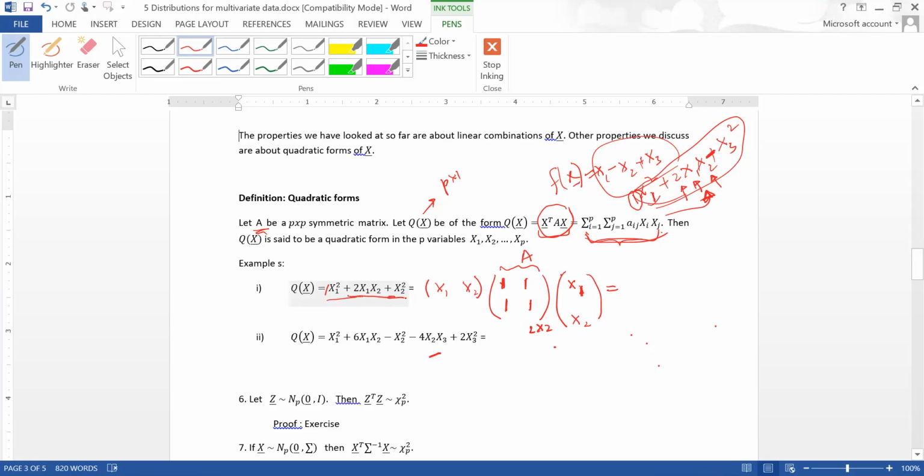If you multiply these three, you can get x1 square plus 2x1x2 plus x2 square. You can calculate and see. Try to multiply this. First multiply x1, x2 with that matrix of 1, 1, 1, 1. So you will get x1 plus x2, then again x1 plus x2. Then multiply that again by x1, x2. Just find it and see whether you can get that exact quadratic form.